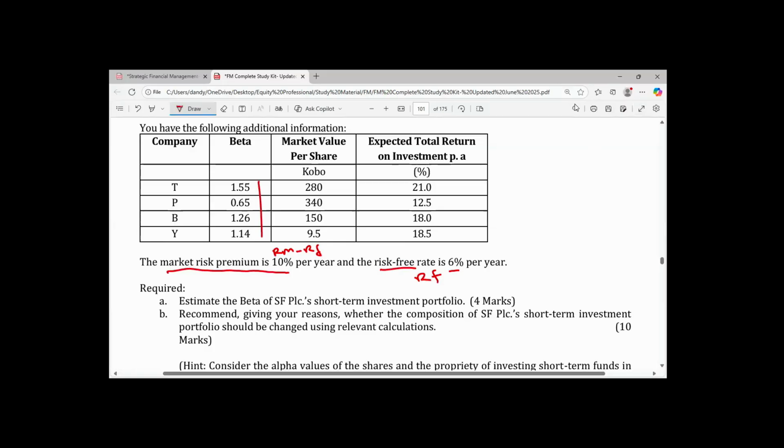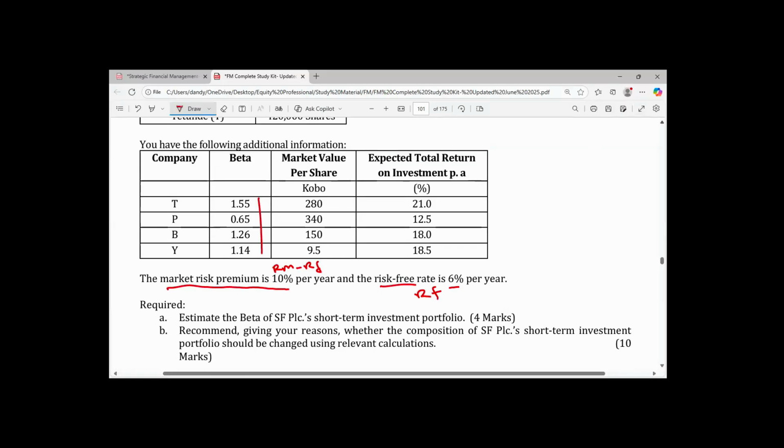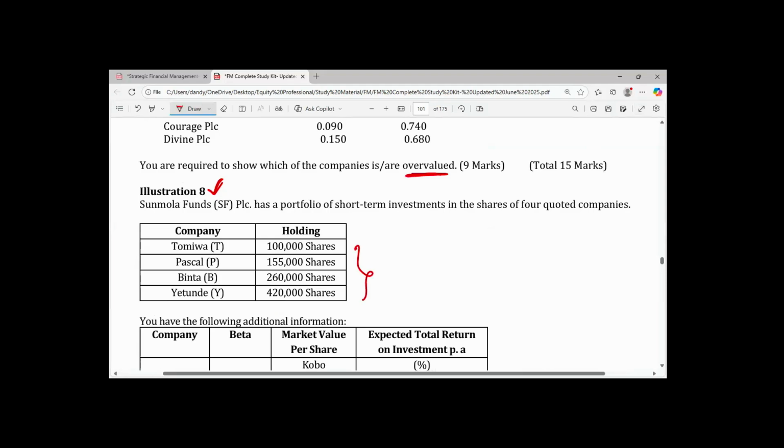You can see in this question, you are given the number of shares for each company. You are given the market price per share. You're also given the beta factor of each security, which means you are going to use the third formula that I provided. You are going to use the weighted average method. So without wasting time, let's quickly go into solving this question so that we can close the class for today.